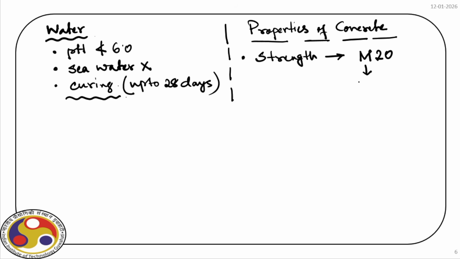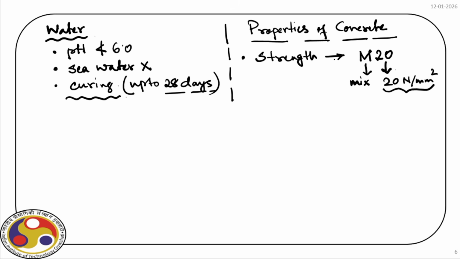M stands for mix. We have a mix of cement, gravel and water. And this value after M dictates the strength of the concrete. In this case, it is 20 Newton per millimeter square. Now, when we mention this strength, we actually refer to the 28 days strength.